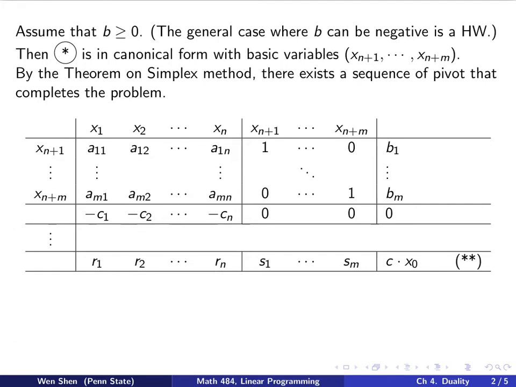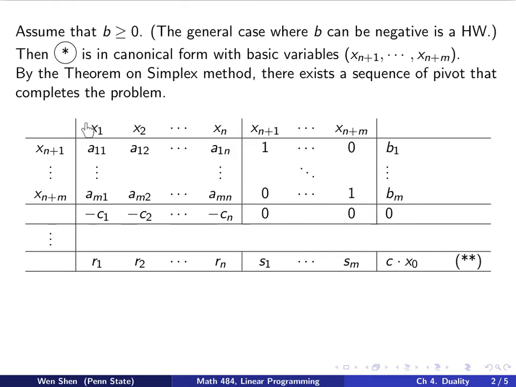It says that in this case, there exists a sequence of pivots that would complete the problem. Exactly how they are being pivoted we don't know for sure now, but we know there exists such a sequence. Okay, so let's put up the tableau.